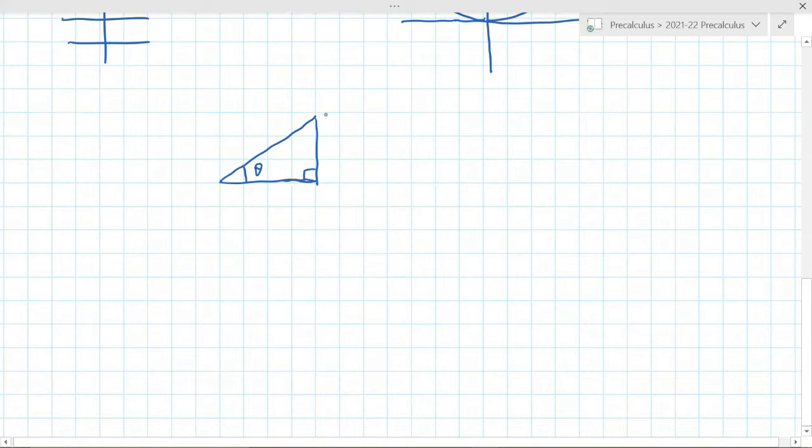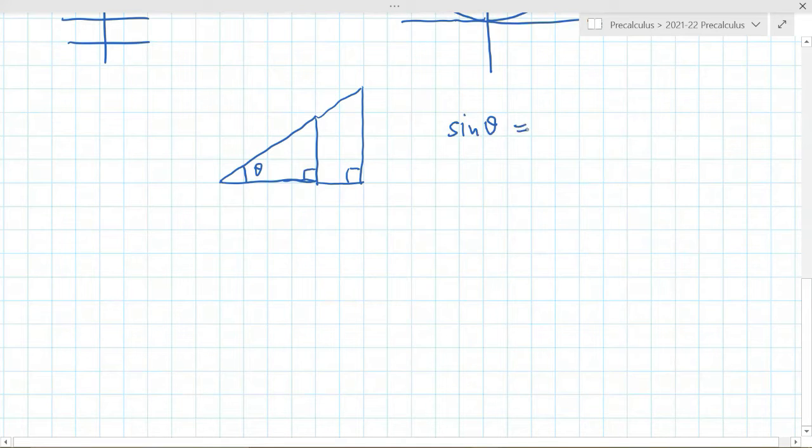Ratios of the sides are not going to change once you know one angle in a right angle triangle other than the 90 degrees. Because even if it is a bigger triangle, right, it has the same angle theta and 90, and this is the other angle. Then these are similar, right, by AA. And if they're similar, then the ratios of the sides are the same.